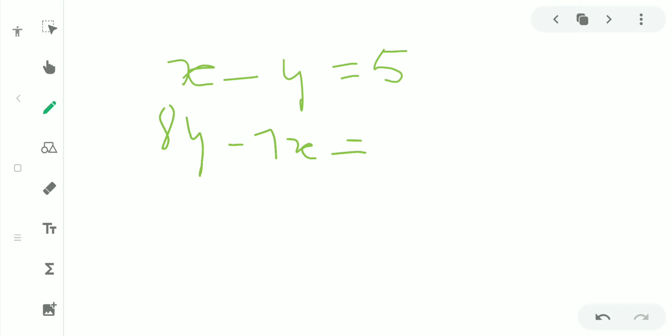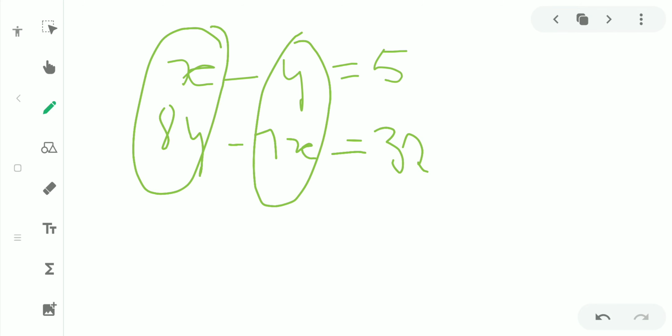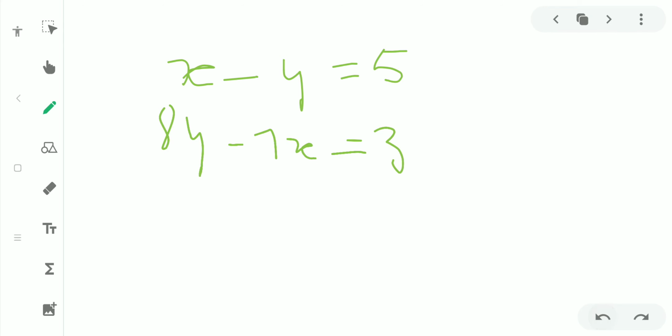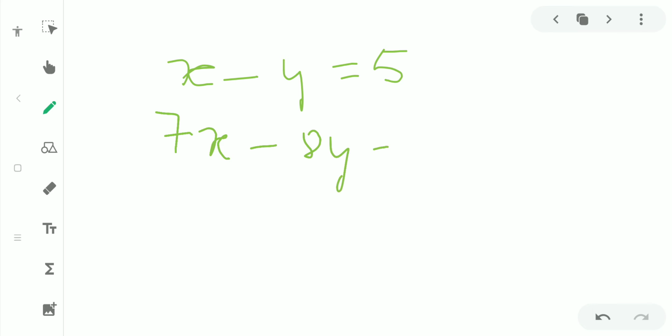Here x and y are matching with y and x, so there will be a difficulty in the sum. So let us write 7x minus 8y is equal to minus 32.